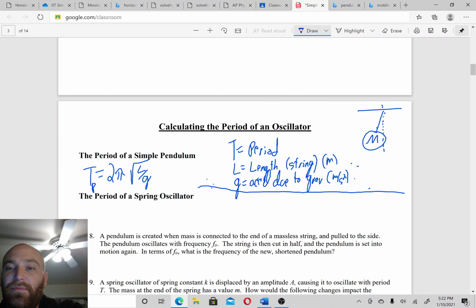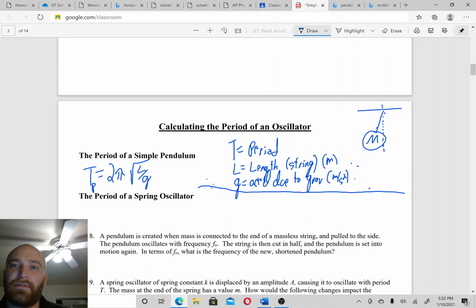It doesn't matter if you pull it to the side a little bit or a lot. It'll have the same period either way, which is kind of neat. Although it is worth pointing out, this equation, for reasons we're not going to get into, only applies to small angles. So if it's a large angle, this kind of breaks down a little bit.